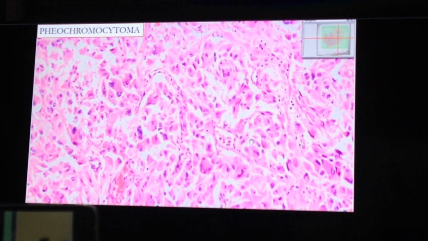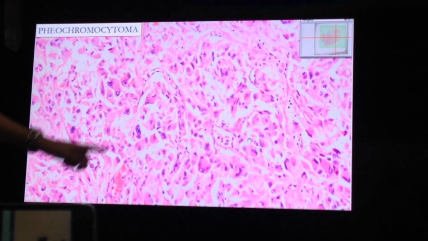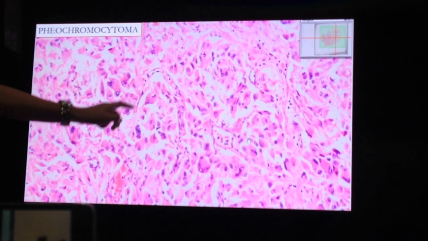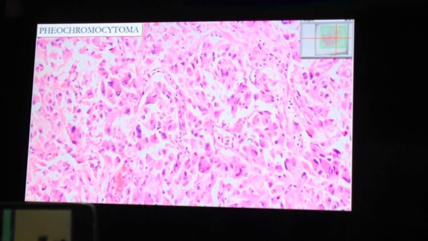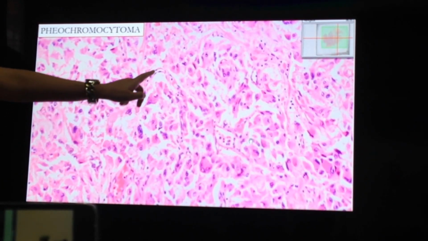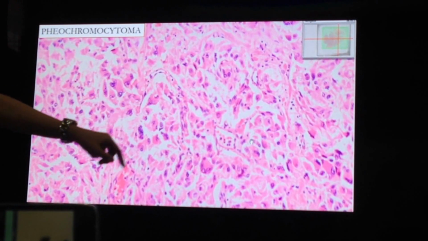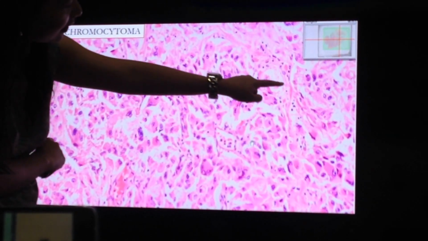So the characteristic feature of your pheochromocytoma is the presence of your Zellballen arrangement. Zellballen. What is Zellballen? It's nesting, okay, nesting of tumor cells. You can see a thin fibrous connective tissue that surrounds the tumor cells. That's nesting. Okay, so Zellballen.